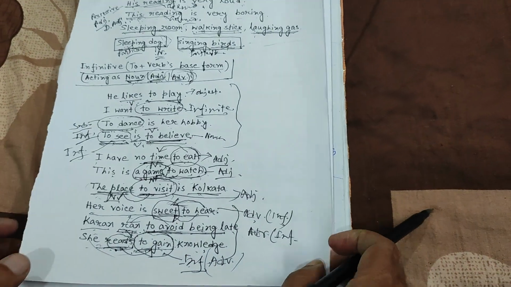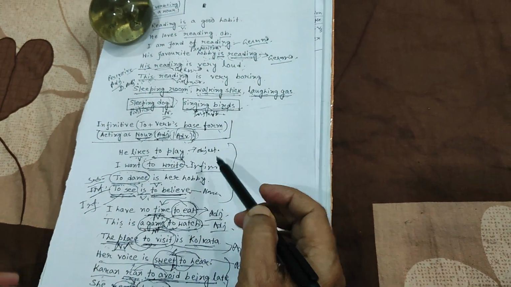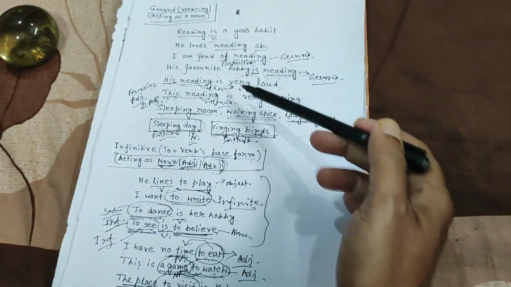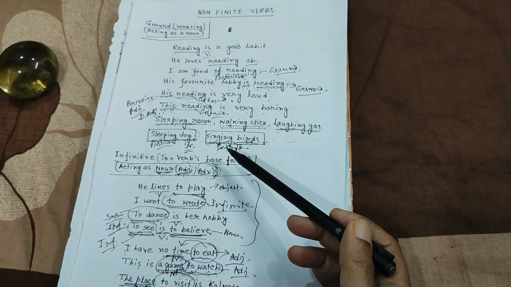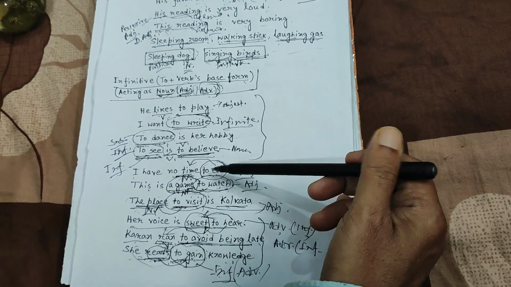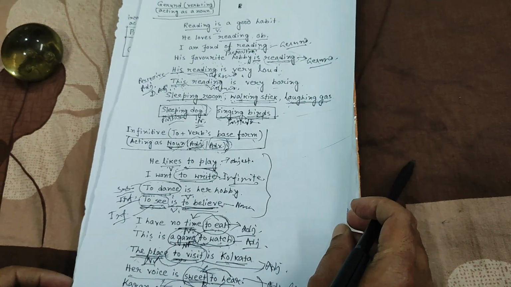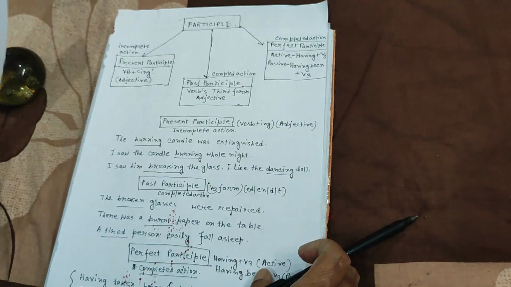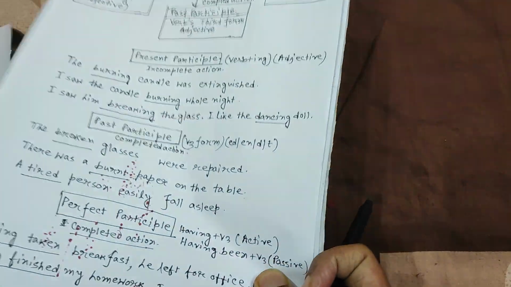So, regarding non-finite verbs, I told you about gerunds in detail, about infinitives in all aspects, and now the final one is left, and that is none but the participle.